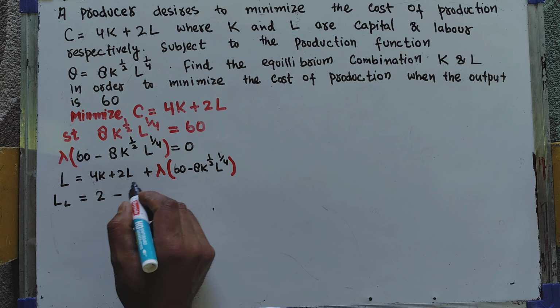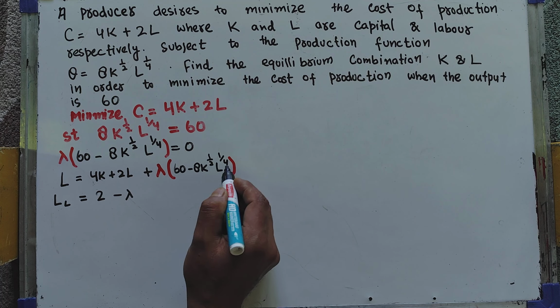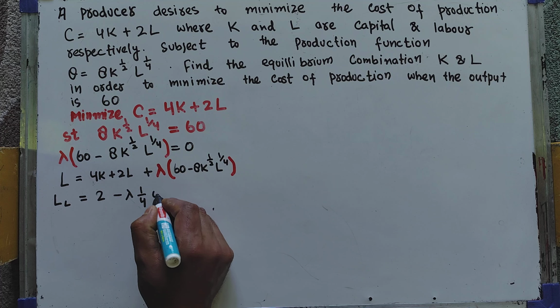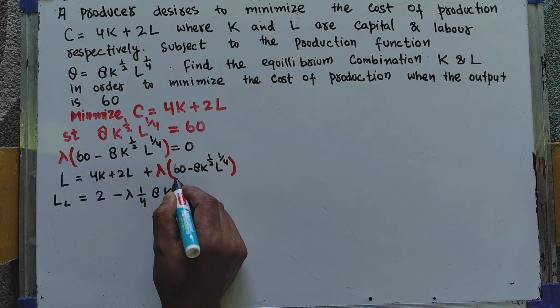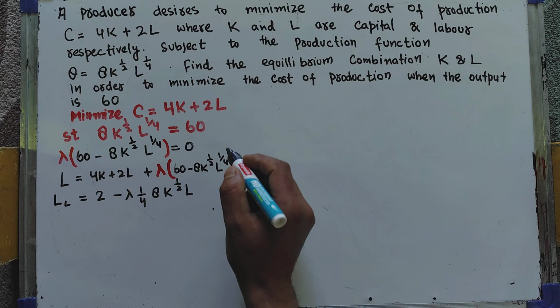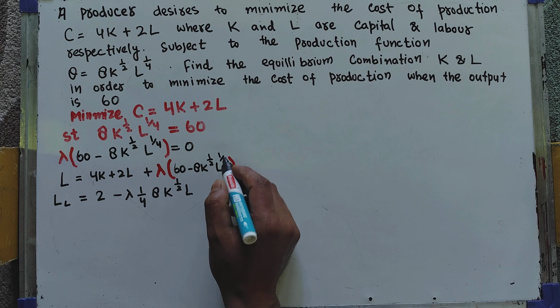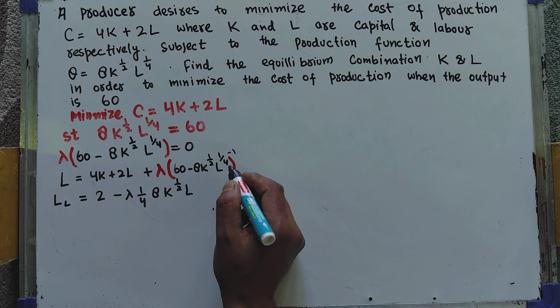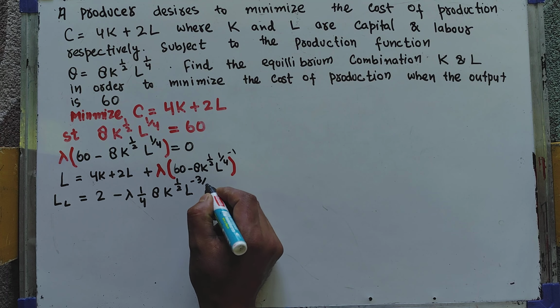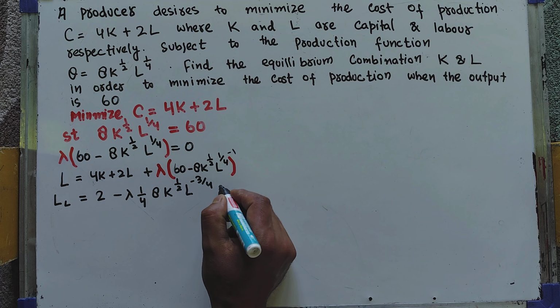So we have minus lambda, then the exponent of L, 1 upon 4, becomes the coefficient. Then we have 8 K to the power 1 upon 2, which remains the same, and the exponent of L is subtracted by 1. So 1 upon 4 minus 1 is equal to 1 minus 4, which is minus 3 upon 4. Okay, and we set it equal to 0.